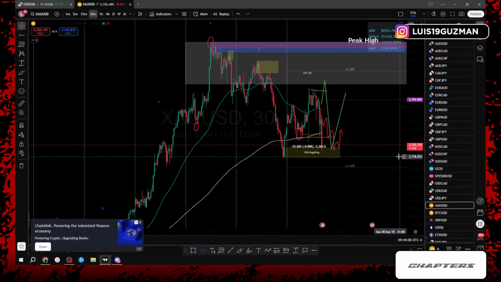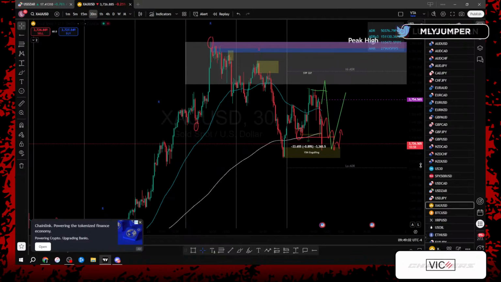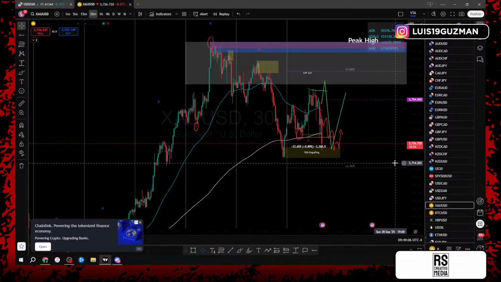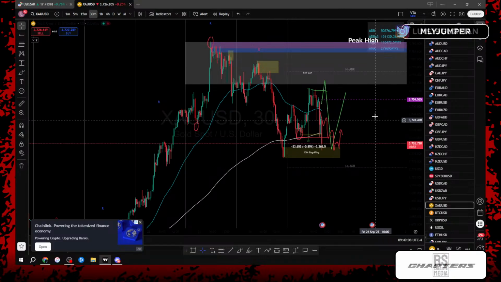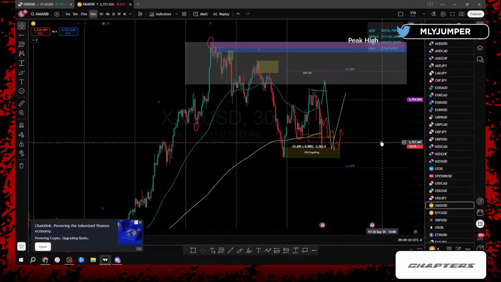If you're looking at a chart that's like a futures chart, remember that futures close an hour different, so you have to make sure you're on the right chart because of that.